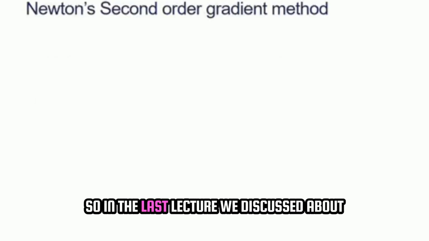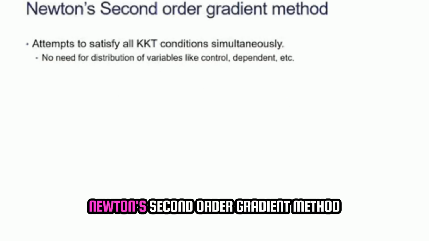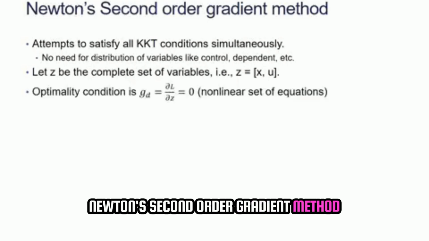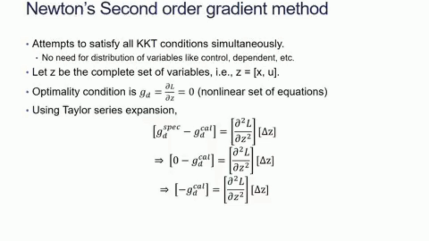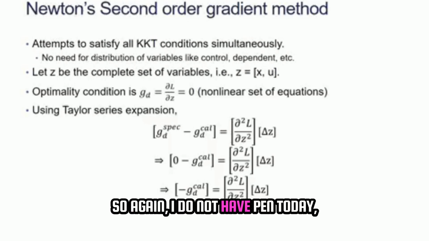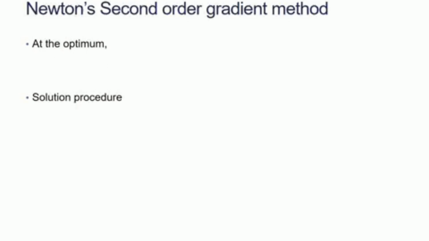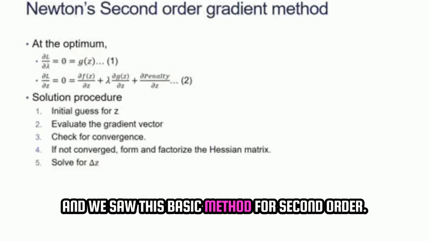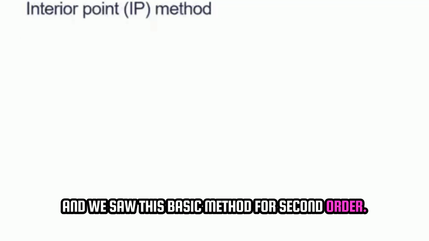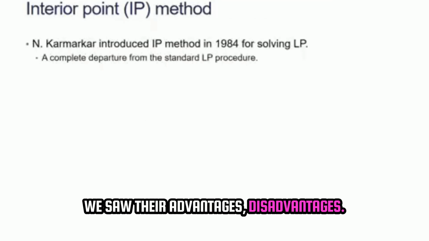So in the last lecture, we discussed Newton's second order gradient method, and I hope it was clear to everyone. So again, I did not have a pen today, so just bear with me for a minute. We saw this basic method for second order, their advantages, disadvantages.